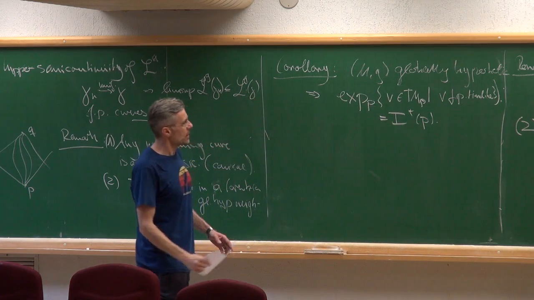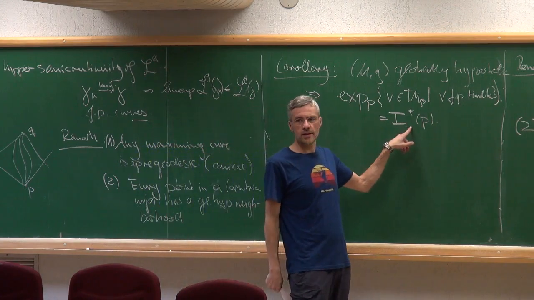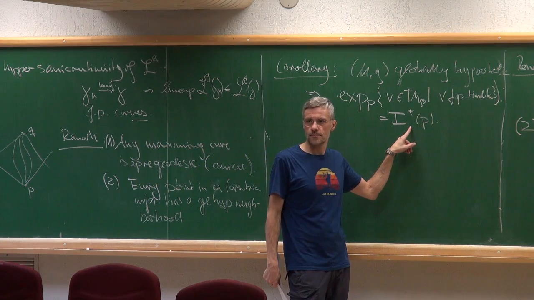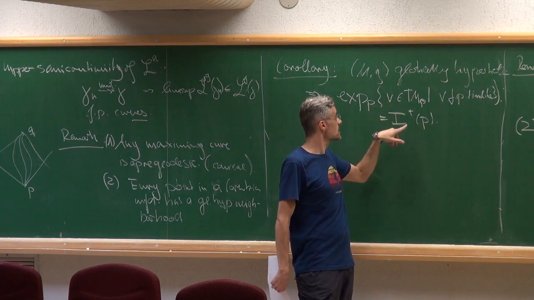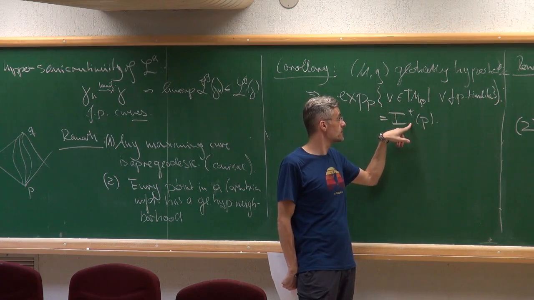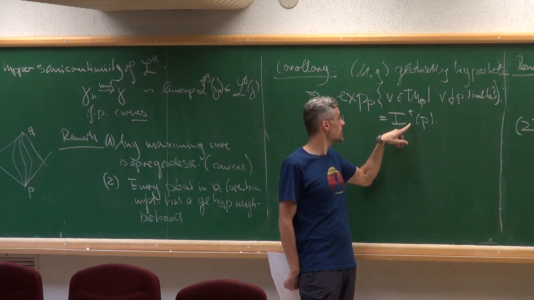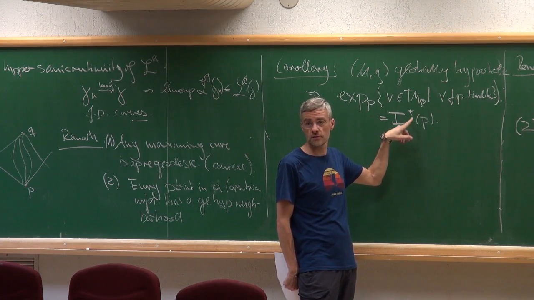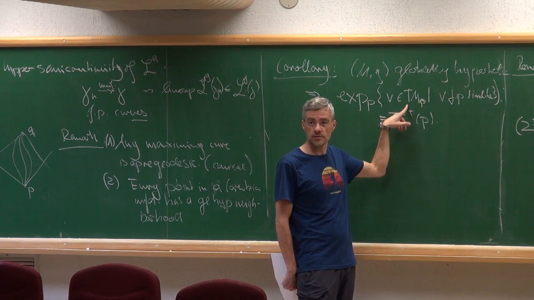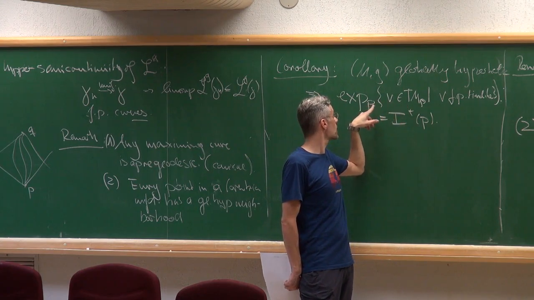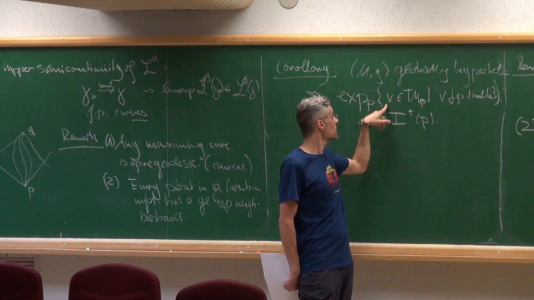Because to every point in here I get a maximizing geodesic. That is since there's a time-like curve, the maximal length of curves between P and that point in here has to be positive. So this maximizing geodesic will be time-like, so it will be the image of some time-like vector.